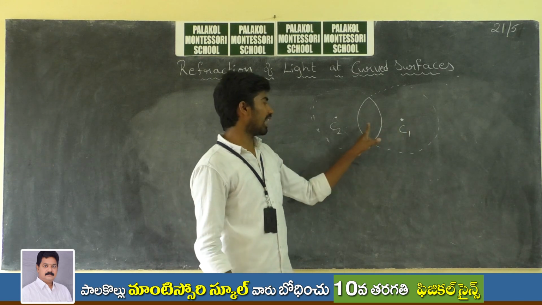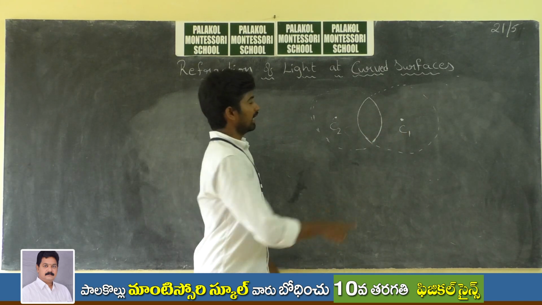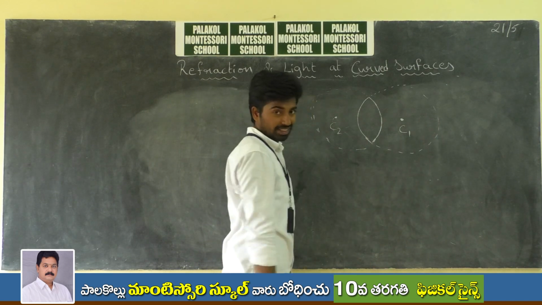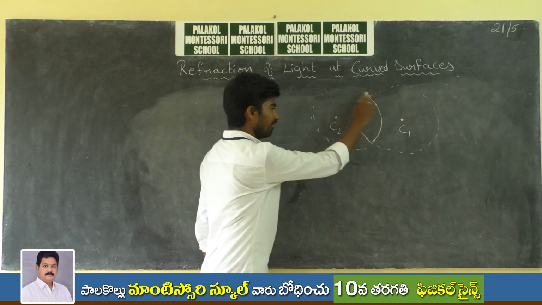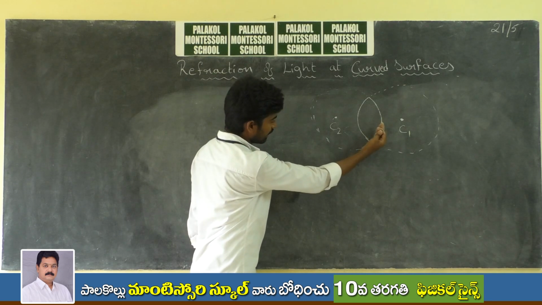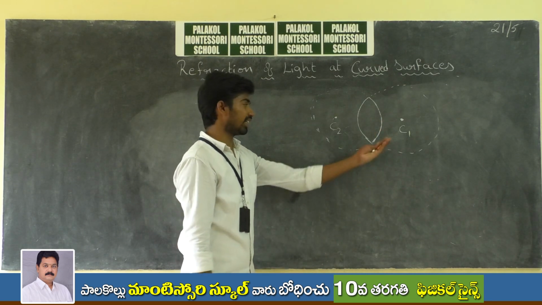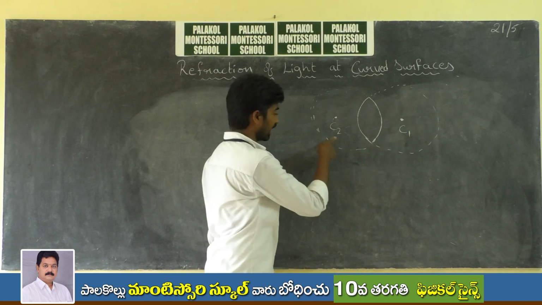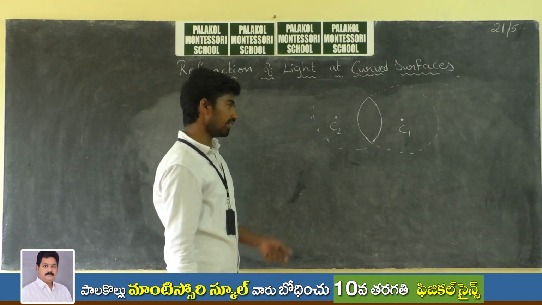That center is called the center of curvature. For the first surface of the convex lens, it is situated in the right hand section, and for the second surface, the center of curvature is located in the left hand section. Hence here it is denoted as C1 and here it is denoted as C2.